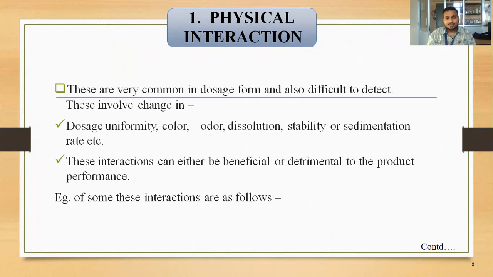This interaction can be either beneficial or detrimental to the product performance. When the drug is incompatible with the excipients, it shows dose non-uniformity, and maybe changes in color, odor, and dissolution stability. It shows different variations.